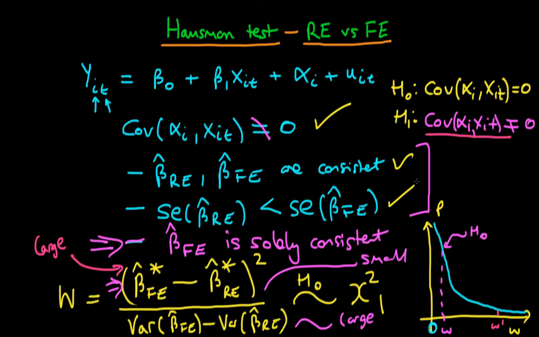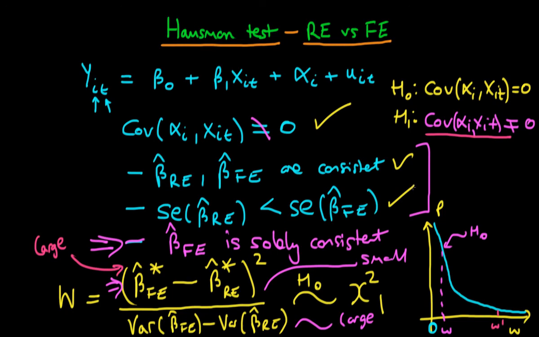So just to summarise, if we conduct this test and we do not reject the null hypothesis, then we conclude that random effects and fixed effects are both consistent, but we should use random effects because its variance is lower than that of fixed effects.